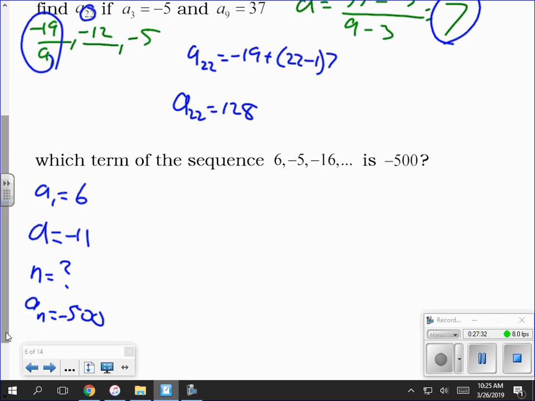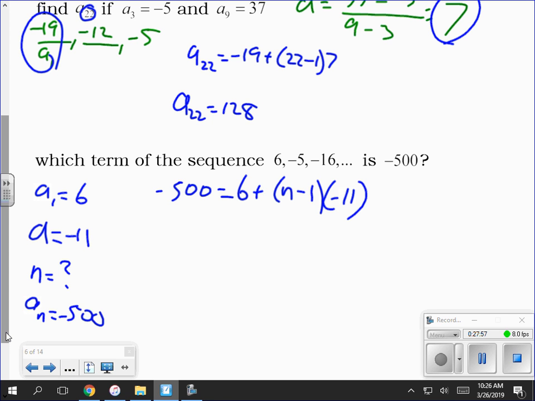That's what that is. A sub N, -500, my last term, equals A sub 1, first term, 6, plus N minus 1, because N is the thing I don't know, times D, which is -11.